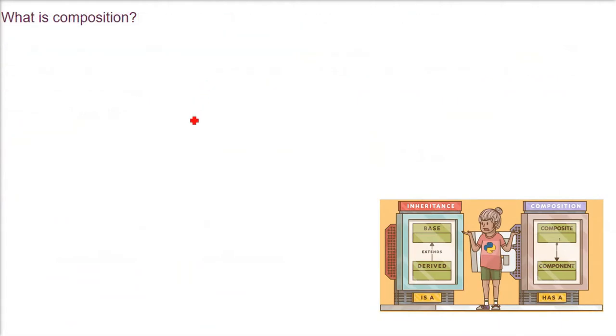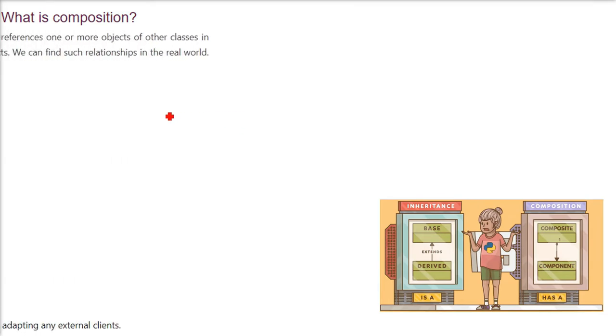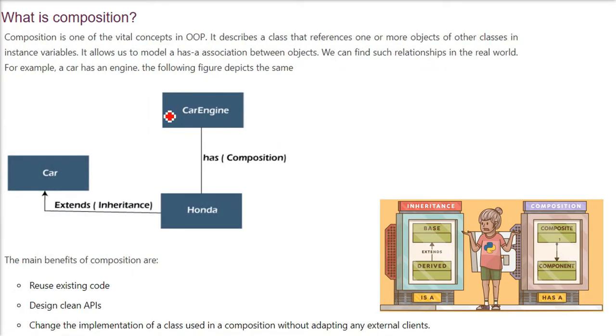What is composition? Now, composition is somewhat of an advanced level object-oriented programming concept. So you made a class, say class A, and you made an object, say obj, in main or wherever.